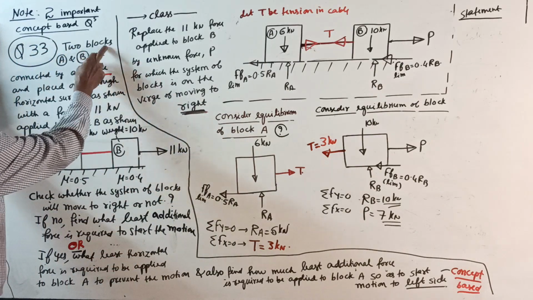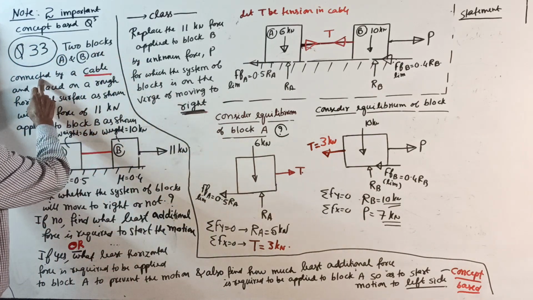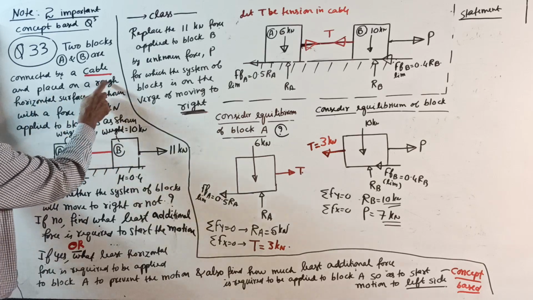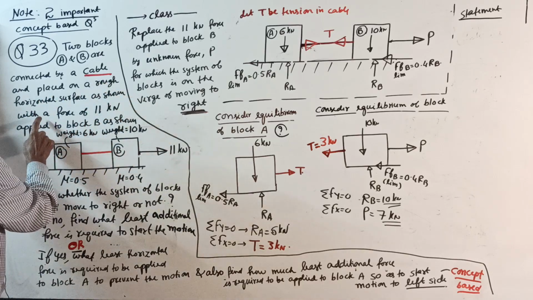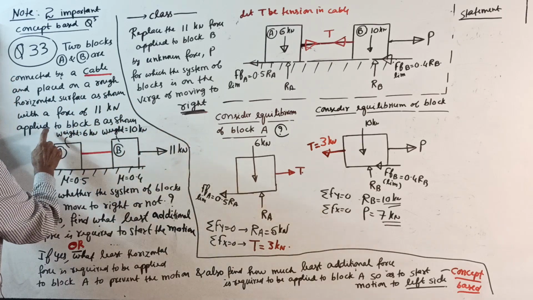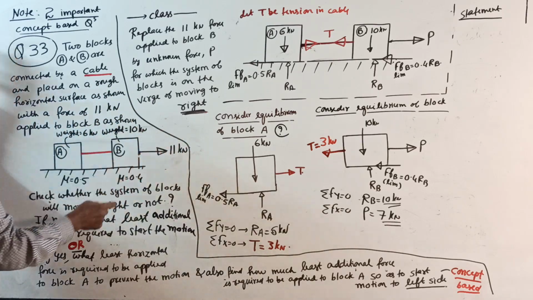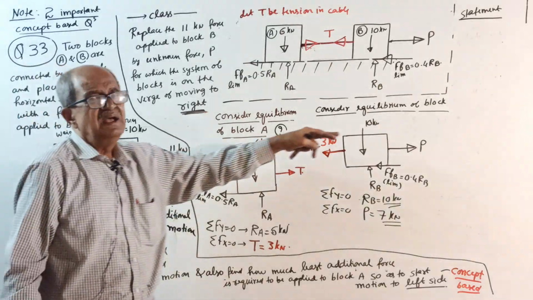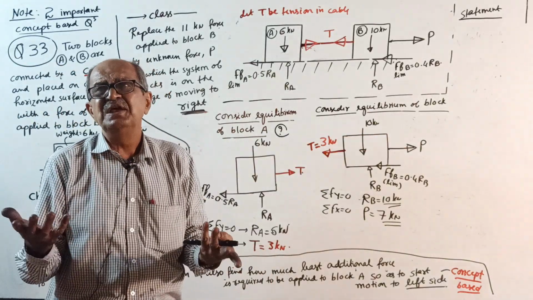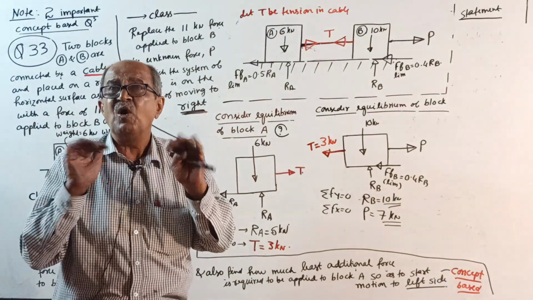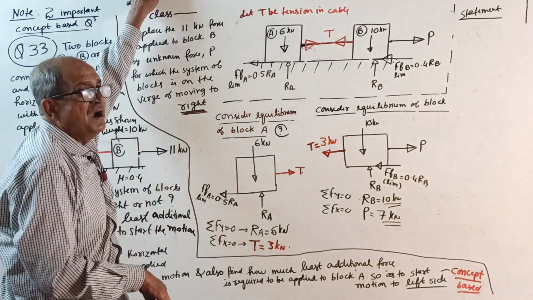See, two blocks A and B are connected by a cable and placed on a rough horizontal surface as shown, with a force of 11 kilonewton applied to block B, not inclined. If I give inclined, resolution is required. It is not a big issue. You understand the concept, so there is no point in wasting time.